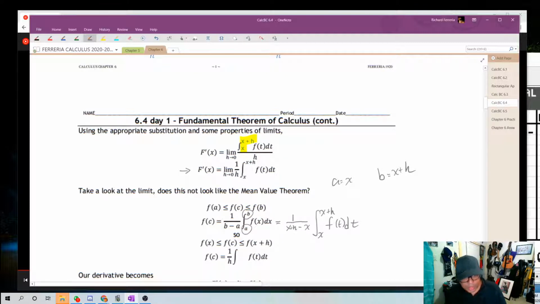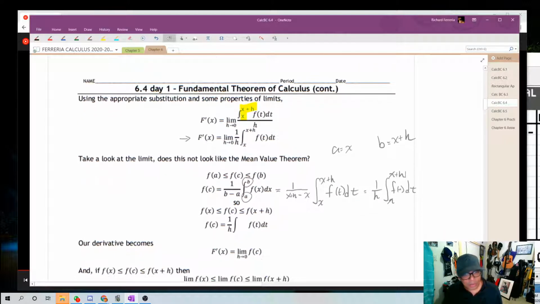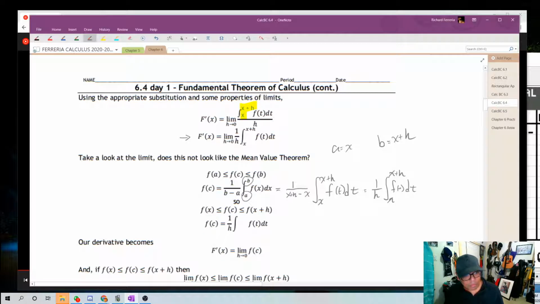When you do that, that's just equal to 1 over h times the integral of f of t dt, where the integral runs from x to x plus h. So you see why we say that looks a lot like the mean value theorem.